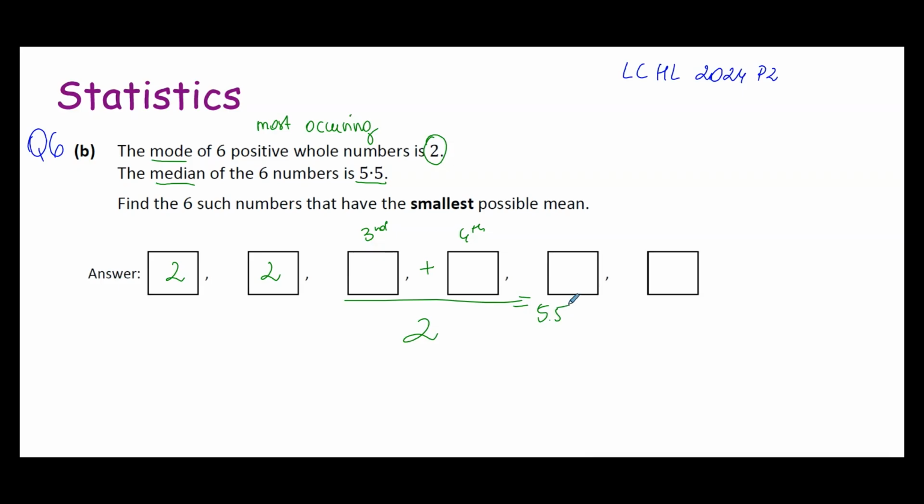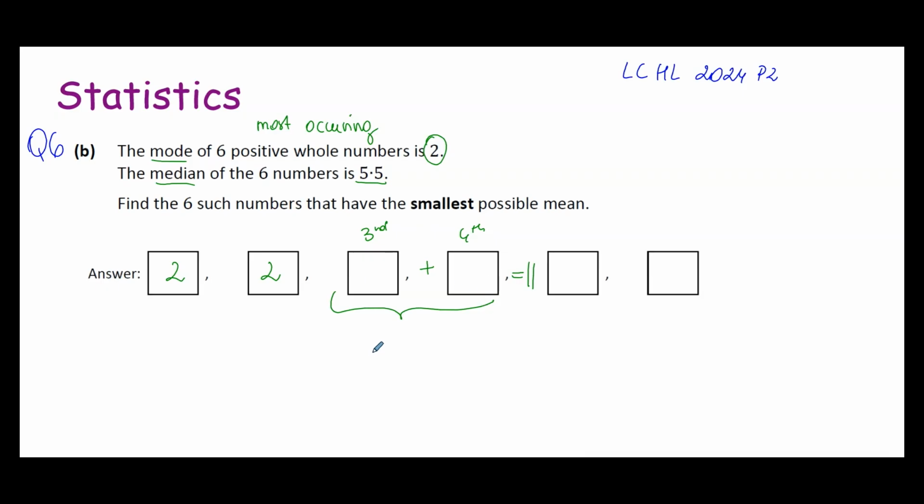So in other words, those two values added together will be 11, because 5.5 multiplied by 2 is 11. So that is one of my clues, that these two added together have to be 11.